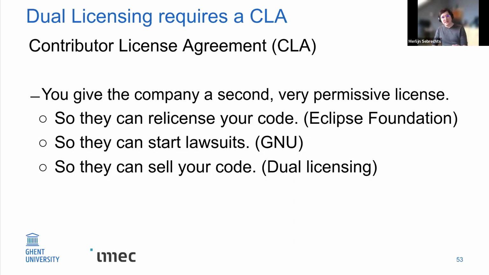However, by signing a CLA, you give your code away under two licenses. The first is the open source license that the code base has. And the second is a second license only to the company, only to the owners of the code, which is very specific and very permissive.